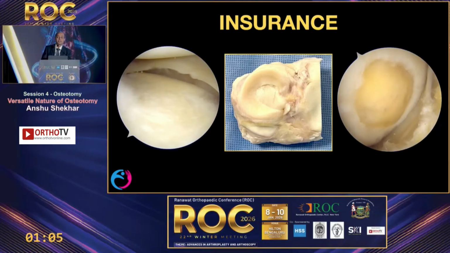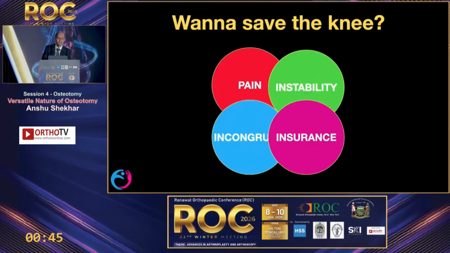The best cartilage repair surgery is basically an osteotomy, right? So you need to see where the defect is, what needs to be offloaded, and only then will any kind of cartilage repair, restorative or reconstructive procedure, be it ACI or microfracture or whatever, succeed. Otherwise everything fails. So that is the insurance provided by the osteotomy.